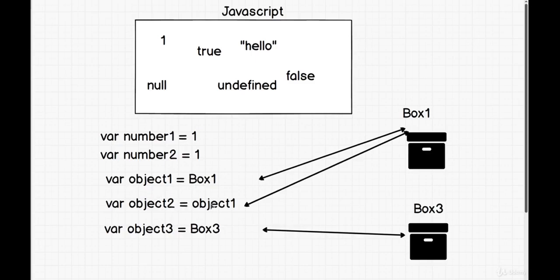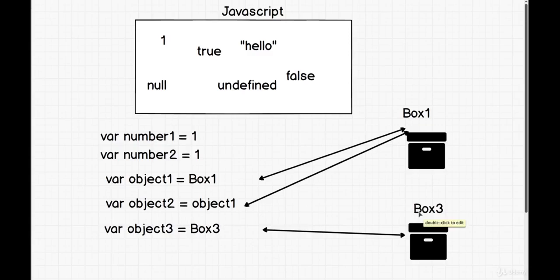Object2 is saying, I want whatever is in object1, and we look in object1, and object1 just has the information of box 1. So it references that. And object3 creates a new object, so it's saying, I'm going to put my contents in box 3, and I'm just going to have the address of the box saying box 3.